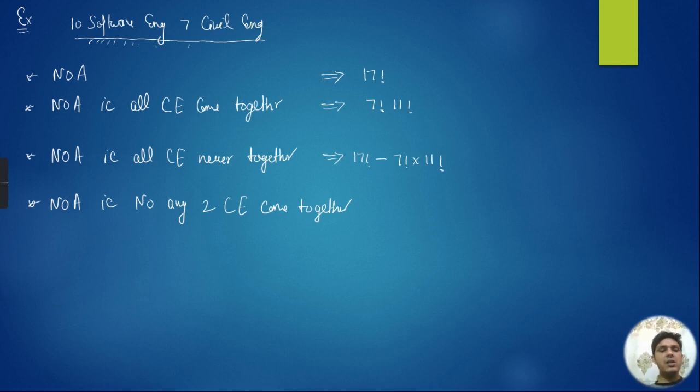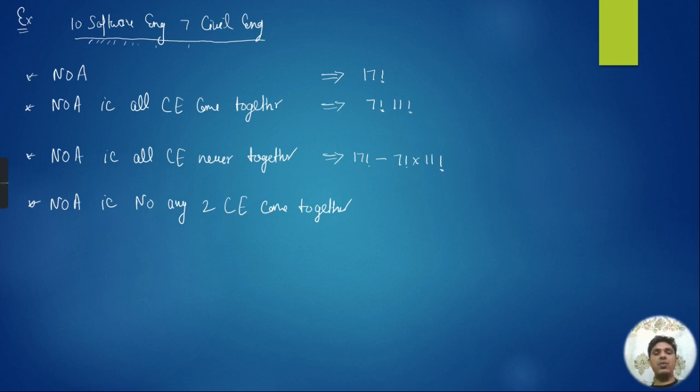Coming to the last question, the number of arrangements such that no any two civil engineers come together. Students, listen: the third and fourth questions are different. In the third, all civil engineers never come together, and the fourth is the number of arrangements in which no any two civil engineers come together.